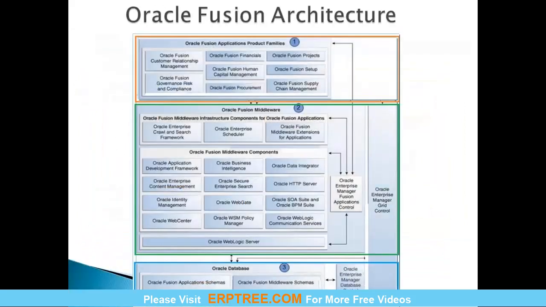But if you want to go into detail, this would be the Fusion architecture, where on the top we have the Oracle Fusion application product families: Oracle Fusion Financials, Oracle Fusion Human Capital Management (HCM), Oracle Fusion Procurement or Oracle Fusion Projects, and so on. Basically, these product families we call offerings. That we'll discuss once we get into the application detail level.